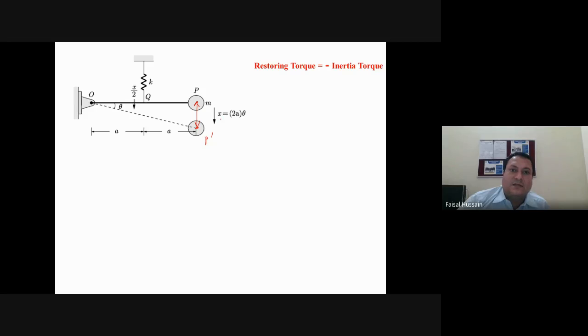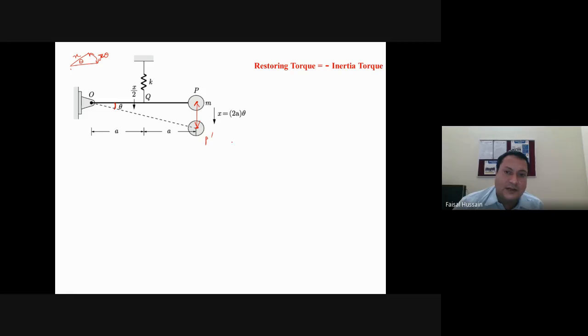If we assume this angle as theta, this deflection will be the chord length, that is twice a into theta. This is theta, and this distance is x, so x is twice a into theta at this point.